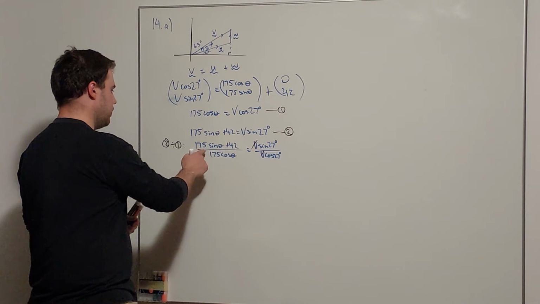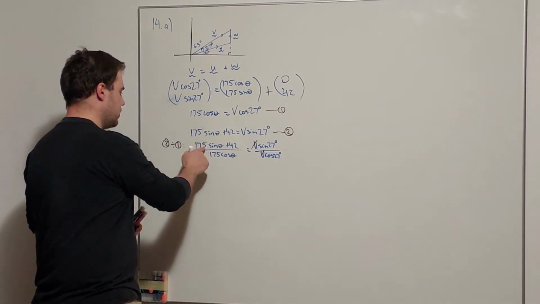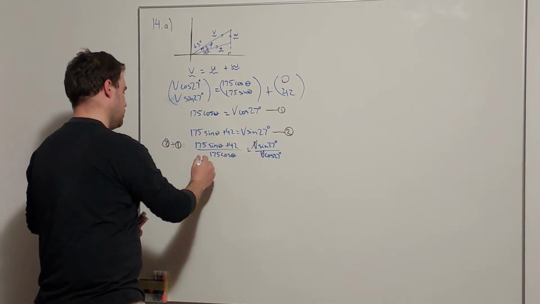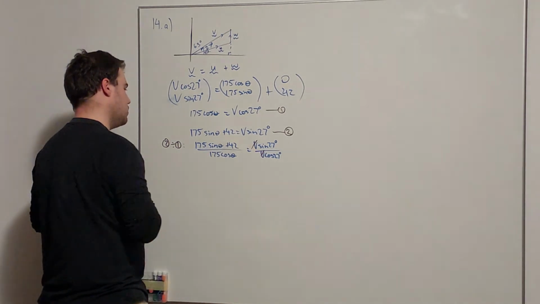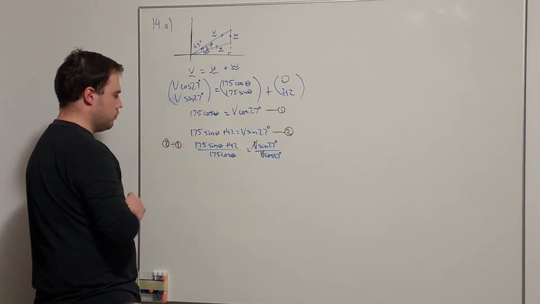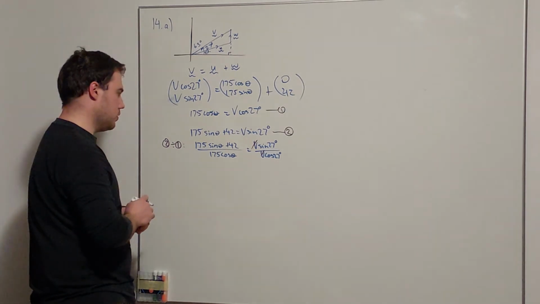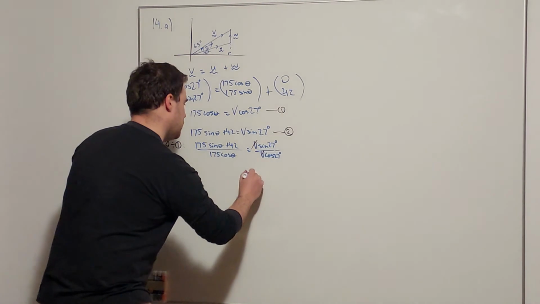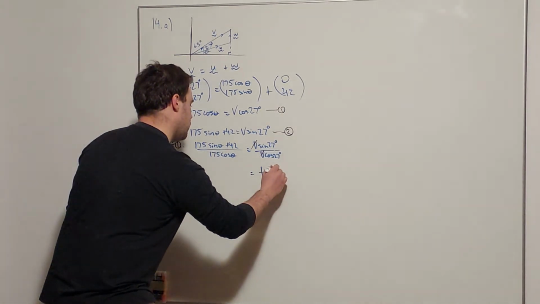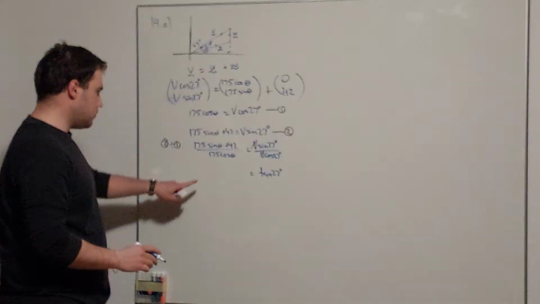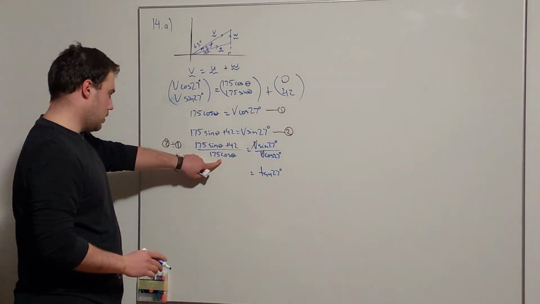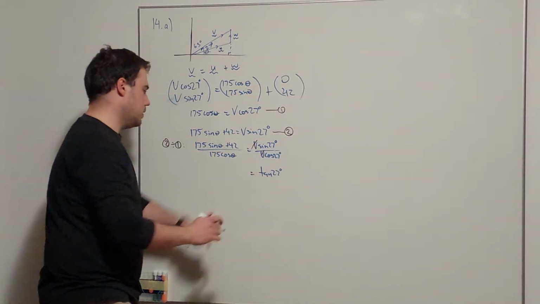Okay, so here we've got 175 sine on 175 cos, which will just be tan, no, we want sine and cos. This one is just going to be some number. We're going to times the 175 cos up here.